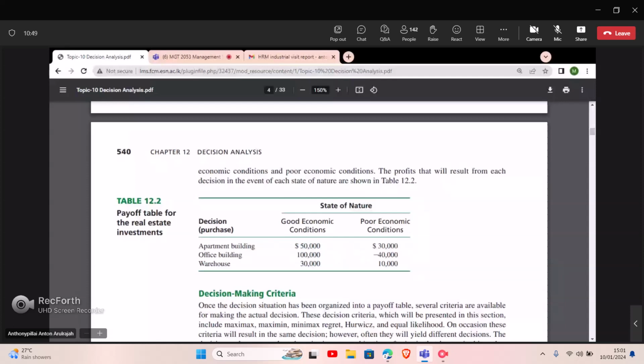If I purchase the office building, in a good economic condition I can earn 100,000. And if it is a poor economic condition, you will face a loss, minus 40,000. Sometimes they will give it as minus.